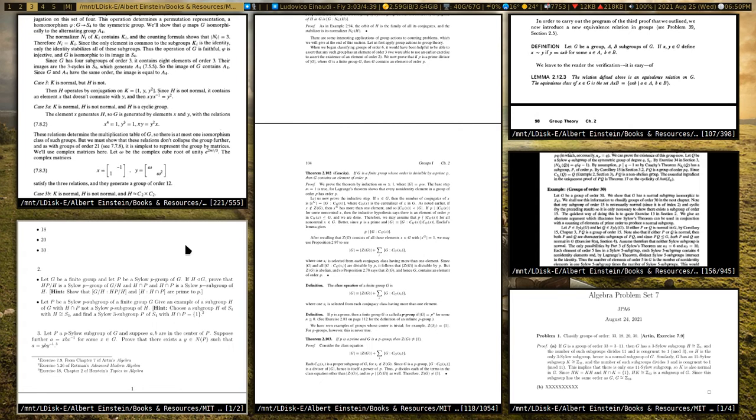Wait, x inverse is some element of the center. Yes, C is an element of the center, and xCx inverse equals C. Okay.